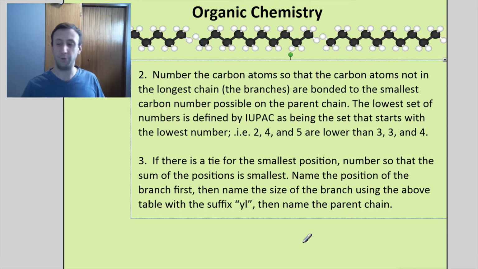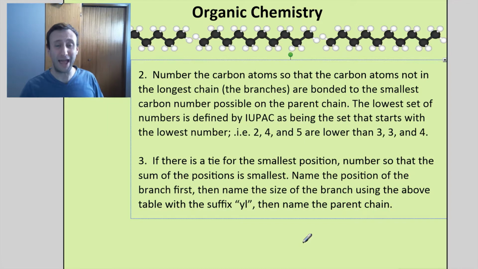So if both directions reach a branch on 2, then I look at the total of both ways, going left to right and right to left, and figure out which one ends up with the lowest total when I add all the branch positions together. And the lowest total direction or way of numbering is the better one.